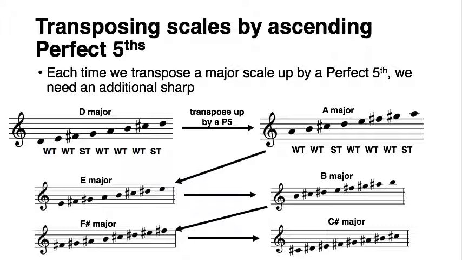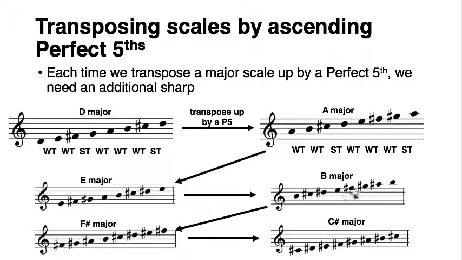If we keep transposing the major scale by ascending perfect fifths, like I've done here with the arrows, we go from A to E major, and notice how we do need 4 sharps this time rather than just 3. And the D sharp is a new sharp, but the other 3 were already present in A major. Transpose E major up by a perfect fifth to B major.